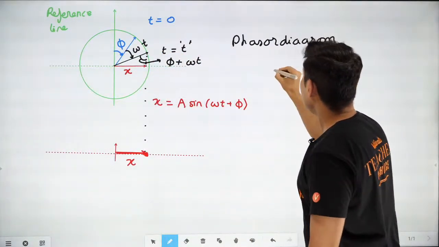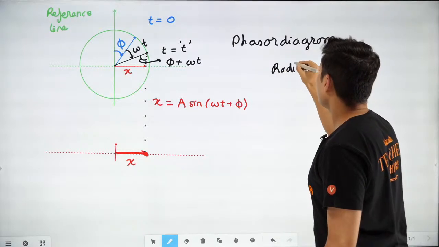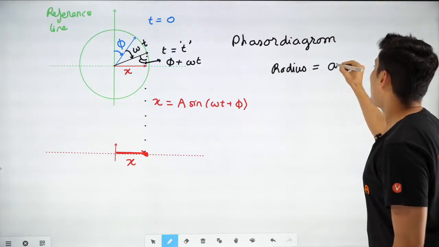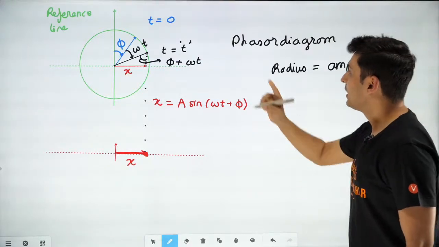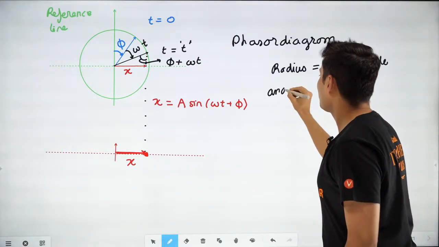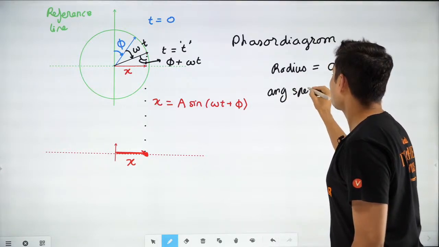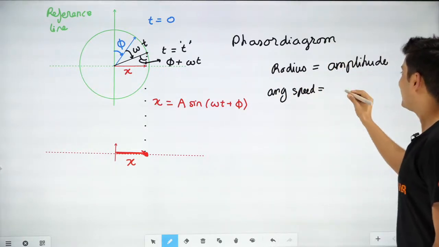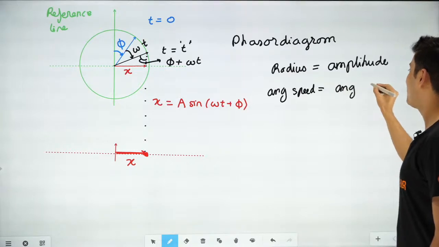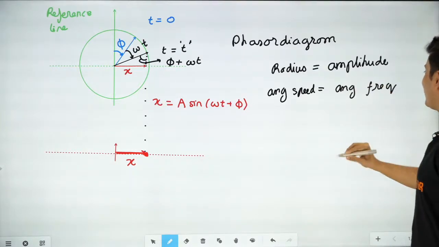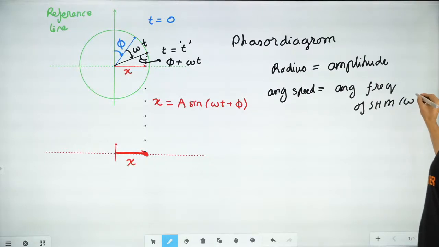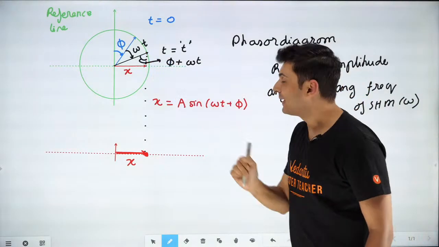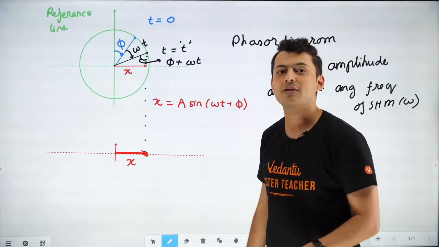The radius is nothing but the amplitude. The angular speed of UCM is nothing but the angular frequency of SHM, omega. The same omega you will get over here. So that's why the symbols are also the same.